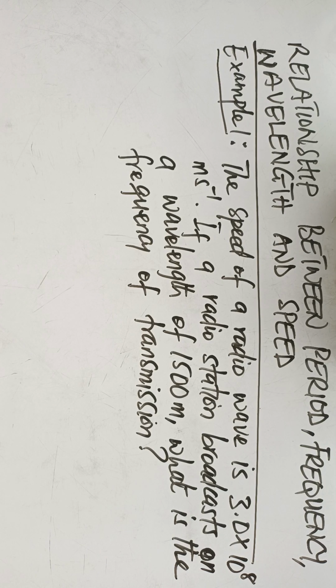Now let us consider this example with the relationship we just derived as the wave equation. The example says that the speed of a radio wave is 3.0 times 10 exponent 8 meters per second, and if a radio station broadcasts on a wavelength of 1500 meters, what is the frequency of transmission?